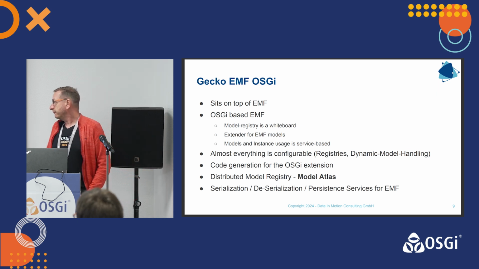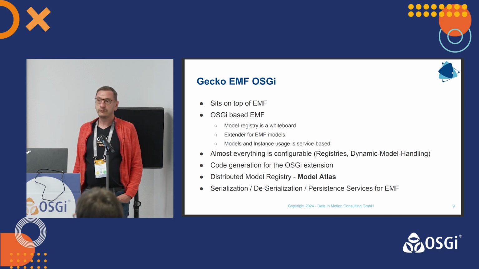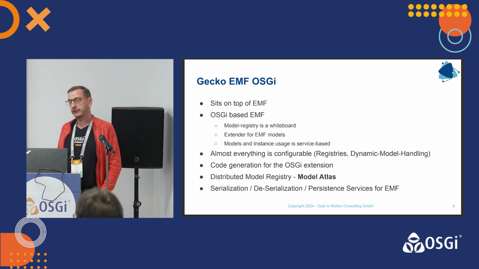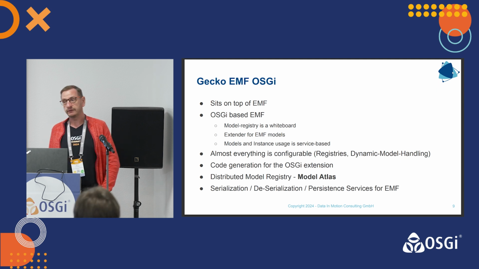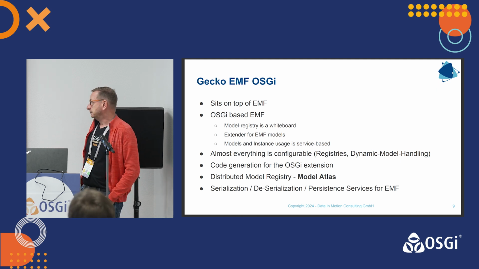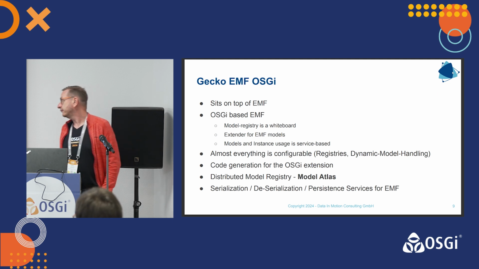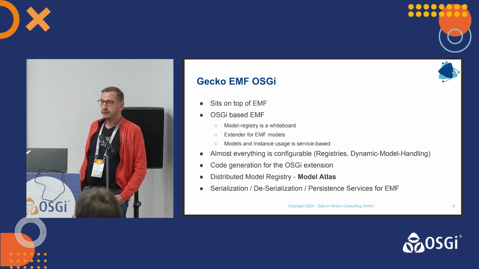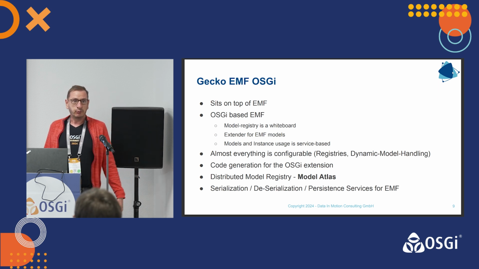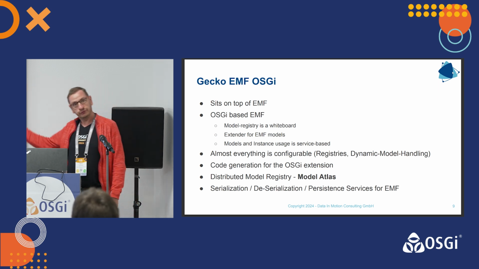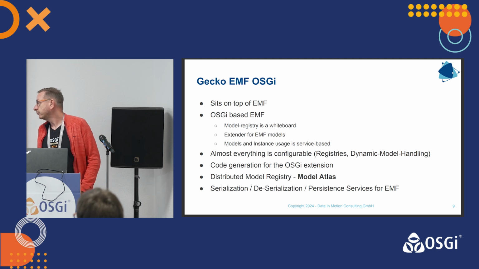Almost everything is configurable. We have one basic registry for models, but we can have multiple ones. This is not possible in the default EMF. And we have the possibility, for instance, to configure dynamic model handling, so loading a model file from elsewhere and registering it in our system.